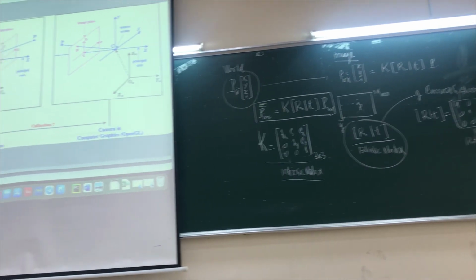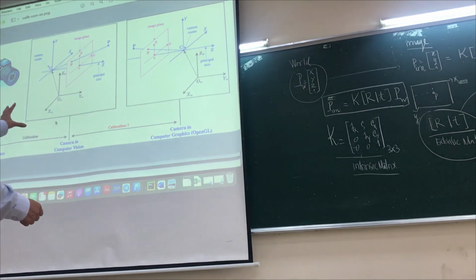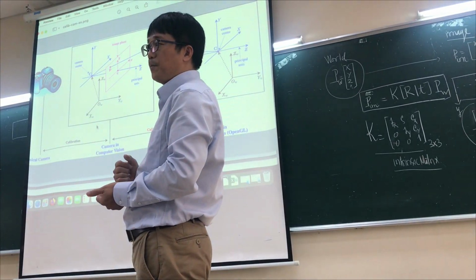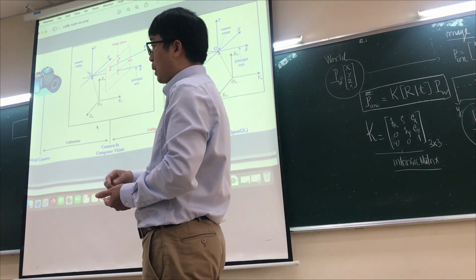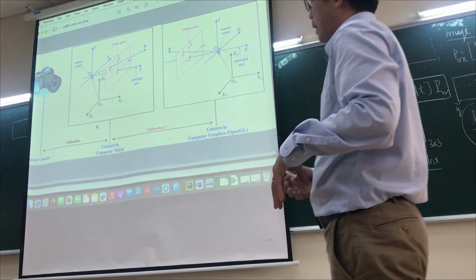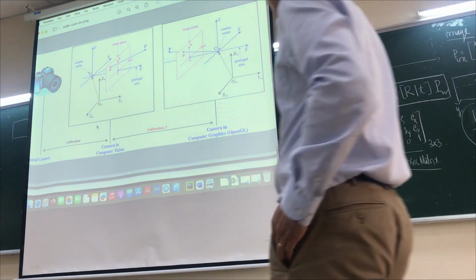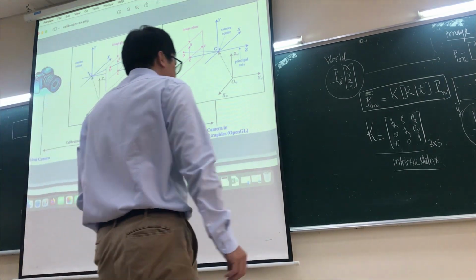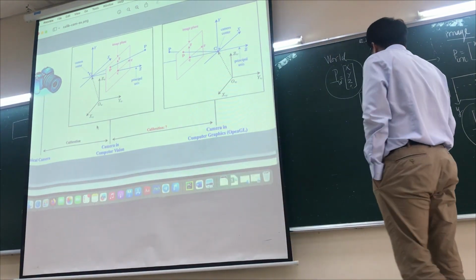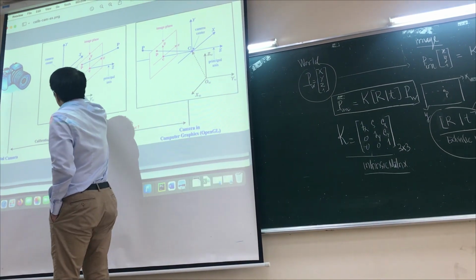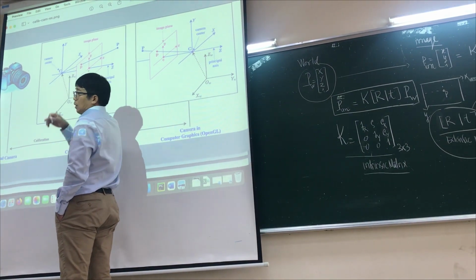And maybe I ask you to also do the calibration. You understand the calibration? Okay, I will tell you more detail later. But also the calibration. Calibration is just a very simple optimization. Okay, that is the idea. For example, actually in the real world, the distance from the camera center to the image plane we call the focal length.